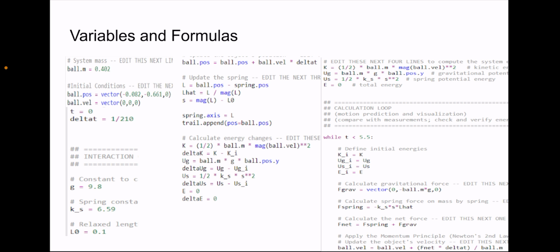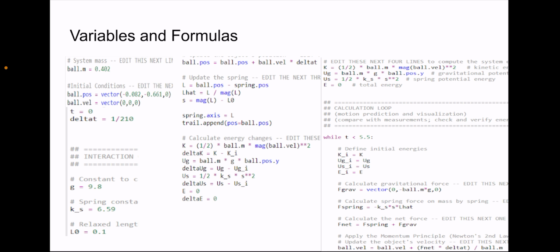And G is 9.8, the spring constant is 6.59, and the L naught is 0.1. And we use the position update formula for ball.pos. We have L as ball.pos minus spring.pos, L hat, which is L over the magnitude of L, and we have S, which is the magnitude of L minus L naught.